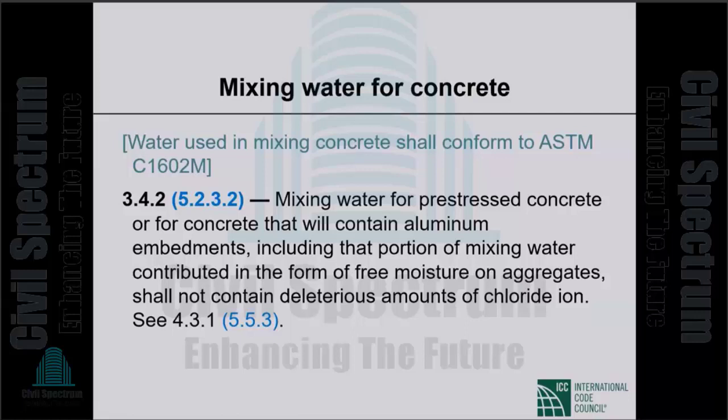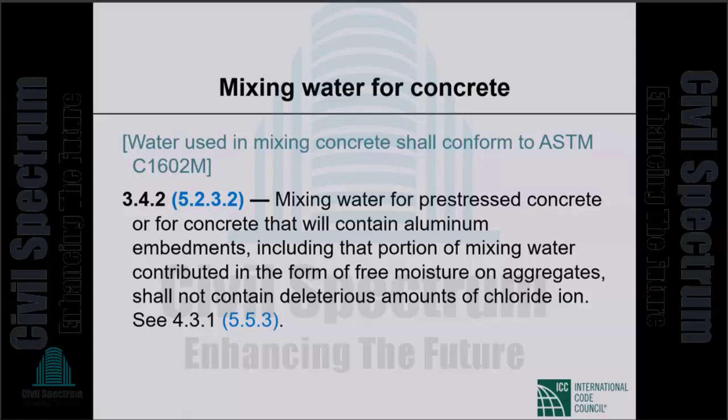Okay. So BNBC 2020 says mixing water for pre-stressed concrete, or for concrete that will contain aluminum embedments, including that portion of mixing water contributed in the form of free moisture on aggregates. So free moisture on aggregates shall count as mixing water. That is important.